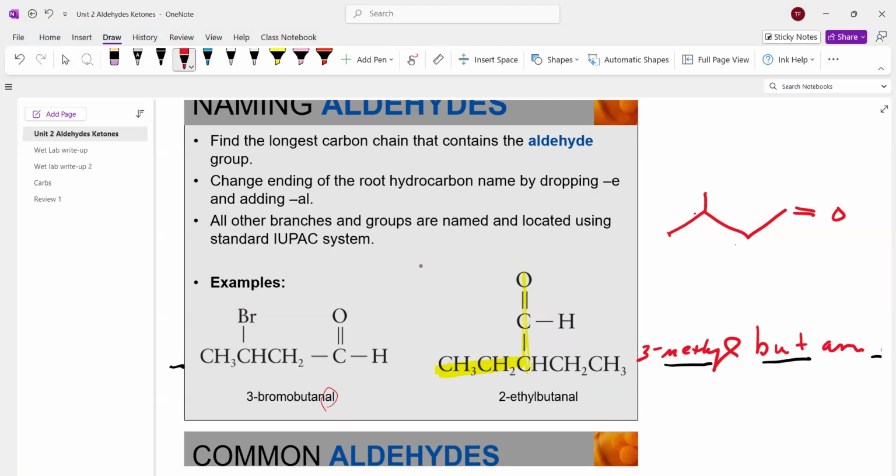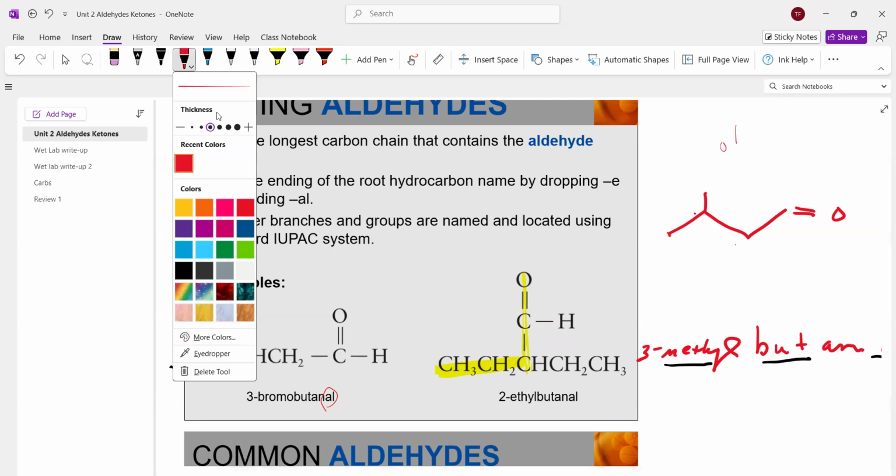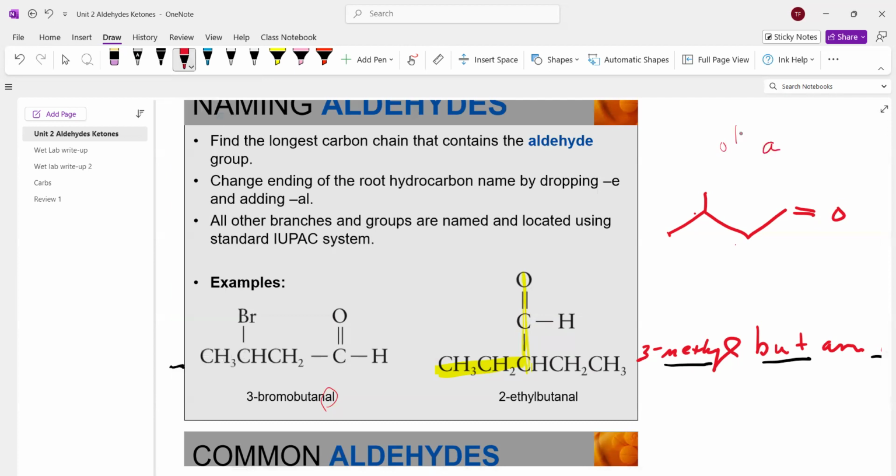And I want to caution everyone, when you do an OL or an AL, make sure it's an A or an O. So this is going to be the functional group.